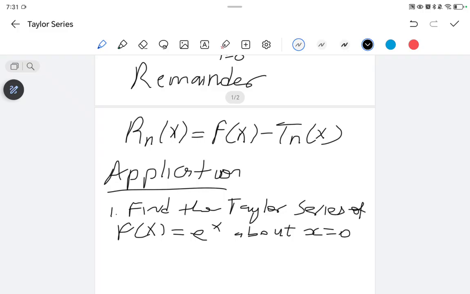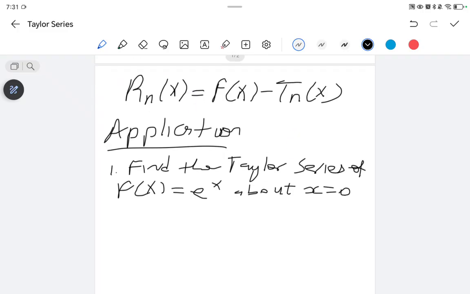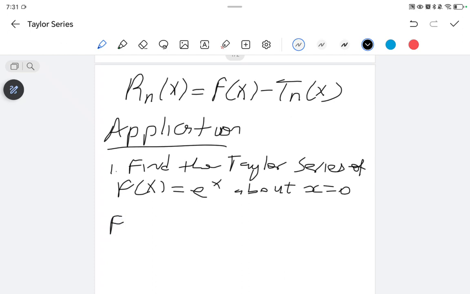It means that we know our f to the n of x is equal to e to the x, given that n is equal to 0, 1, 2, 3, and so on.